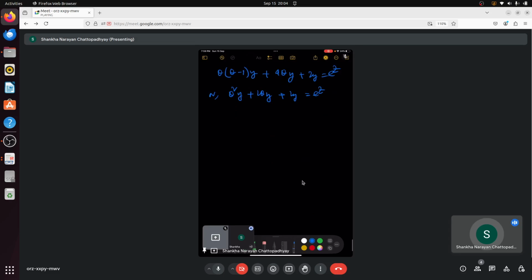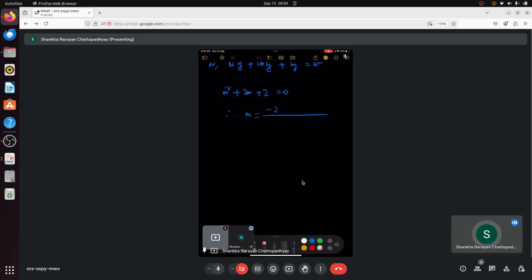First you need to find the auxiliary equation. It is nothing but m square plus 2m plus 2. That is actually m equal to minus 2 plus minus square root of 4 minus 8, divided by 2.